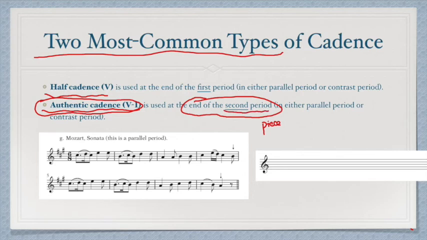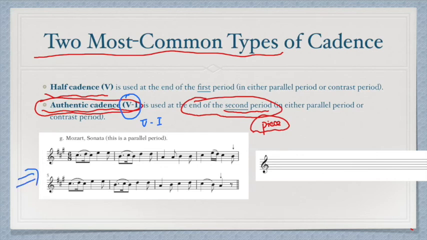You can also understand it as using the authentic cadence at the end of the whole piece, whether it is a parallel period or a contrast period. Either way, you need to use this authentic cadence. Authentic cadence means the harmony goes from dominant to tonic in any scale or key.